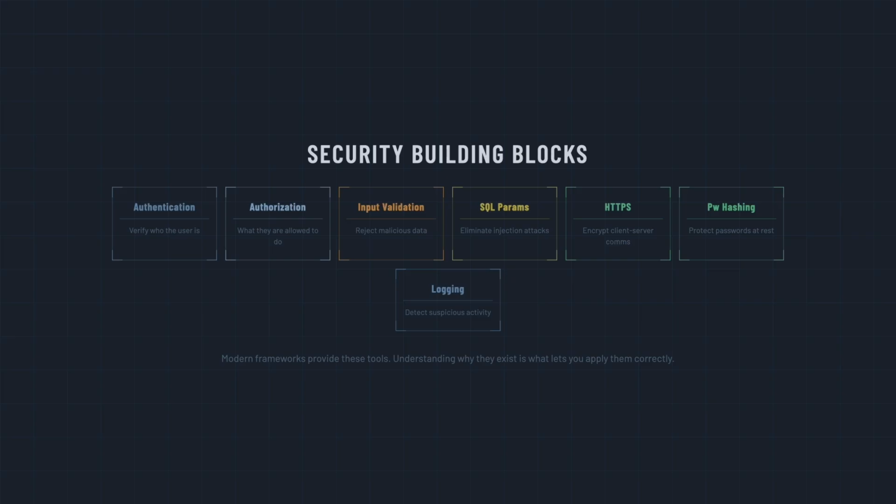Parameterized database queries help eliminate SQL injection attacks. HTTPS encrypts communication between client and server. Password hashing ensures that even if your database is compromised, user passwords remain protected. Logging and monitoring help detect suspicious activity before it becomes a major incident.